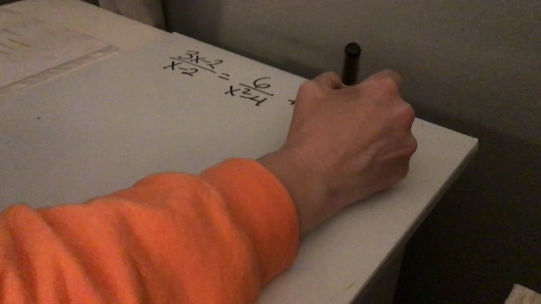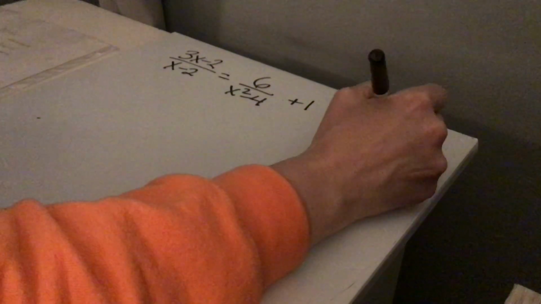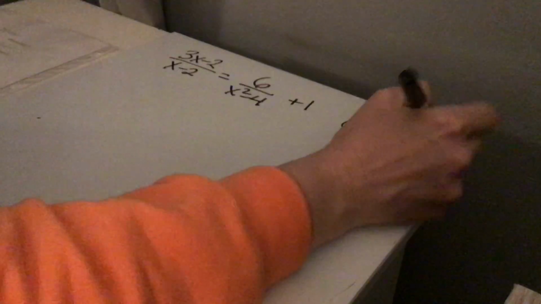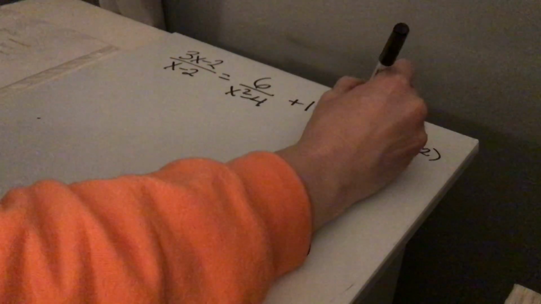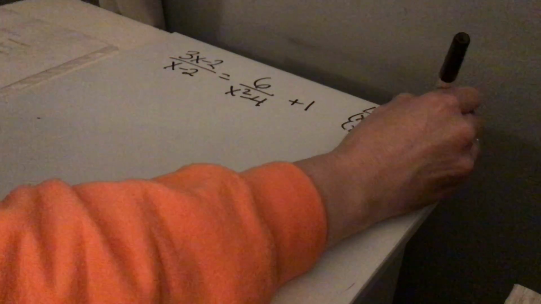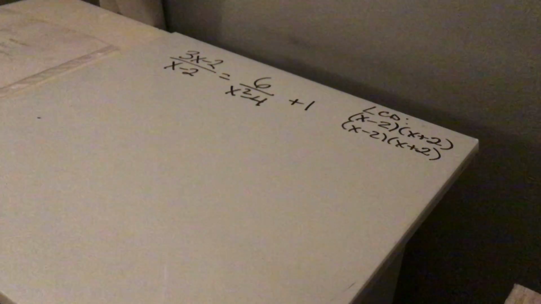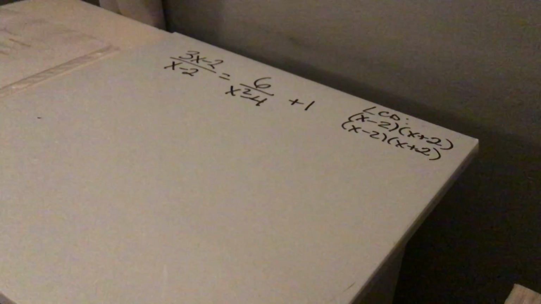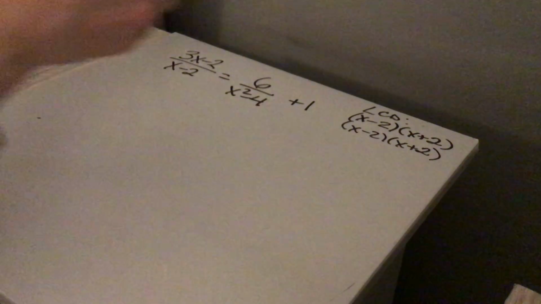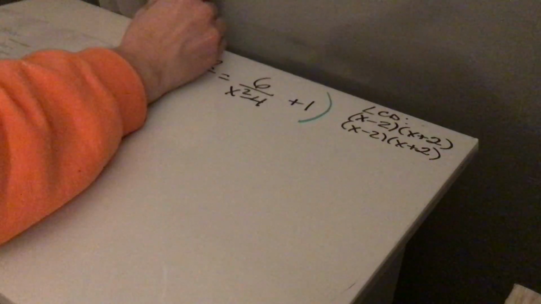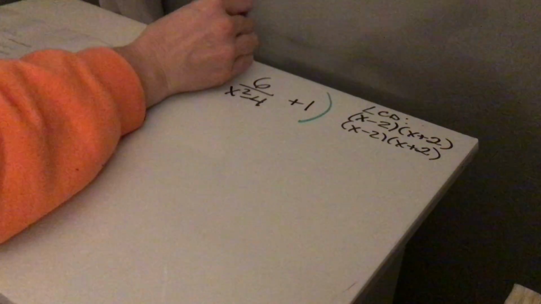X squared minus 4 is x minus 2 times x plus 2. And then this is 1. So all that's missing is an x plus 2 to make that our least common denominator. So we're going to multiply everything by the least common denominator, x minus 2 times x plus 2.